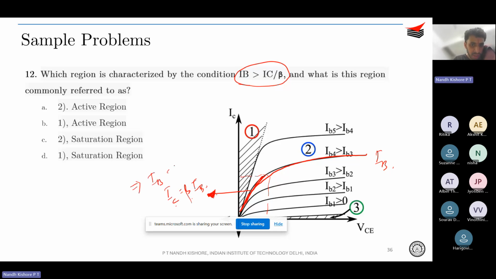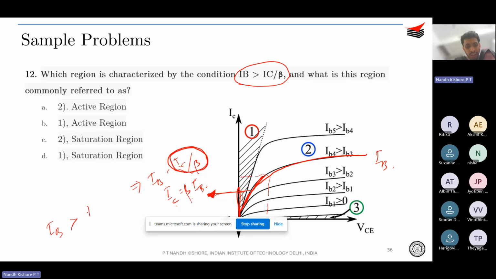Your IB can be written as IC by beta. So in this particular region, your IC value is lesser. So your IC by beta is also lesser, right? IC is lesser, IC by beta is also lesser, and therefore your IB is actually greater than IC by beta.